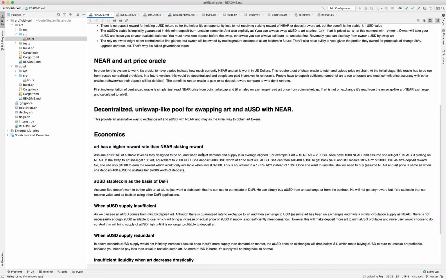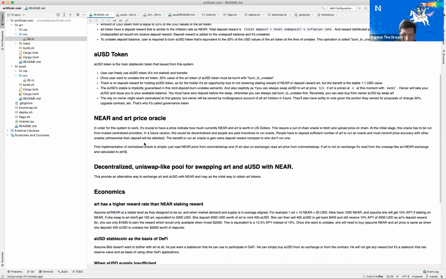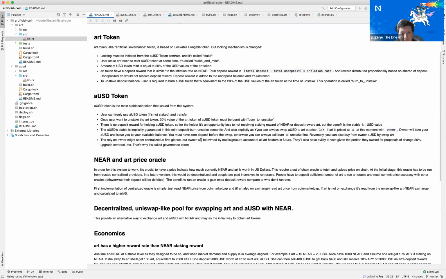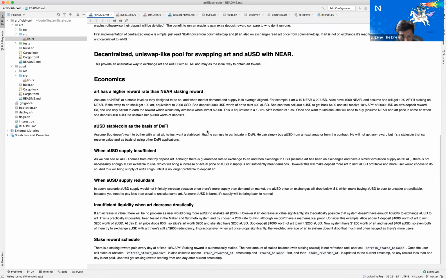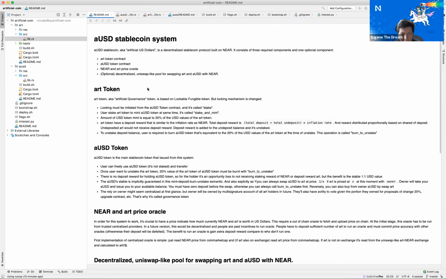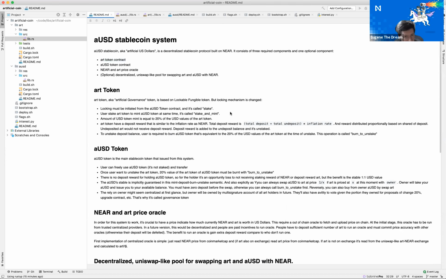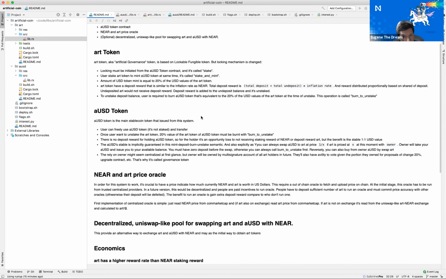There's always some collateral grab, right? So how you grab the collateral is not explained here. What's backing the art price? This is also not clear to me.